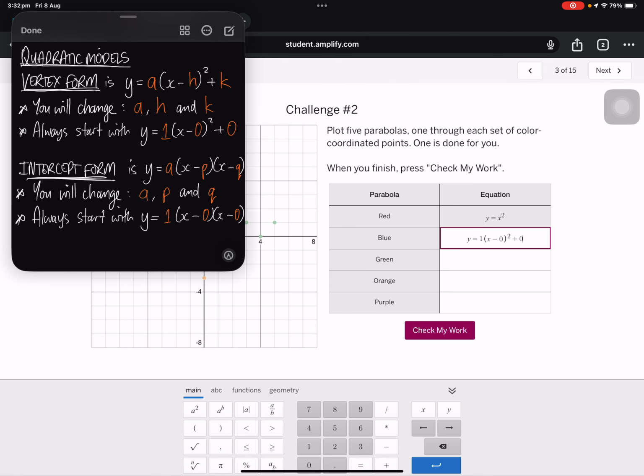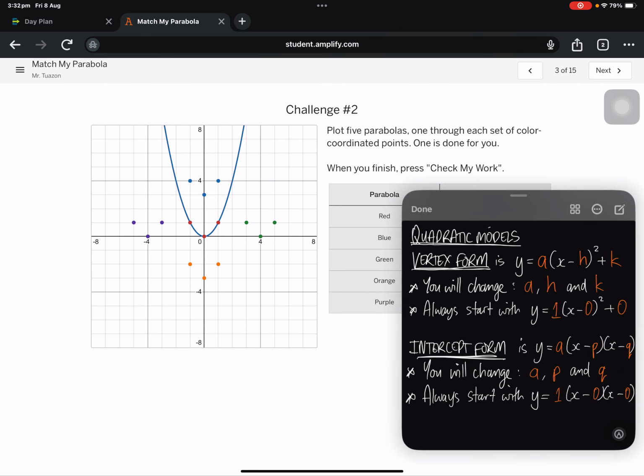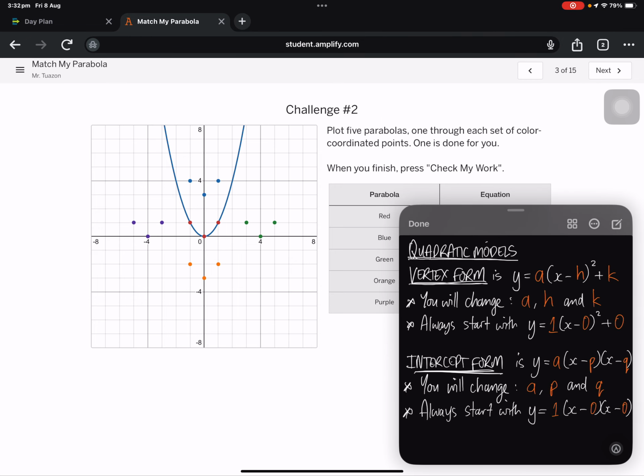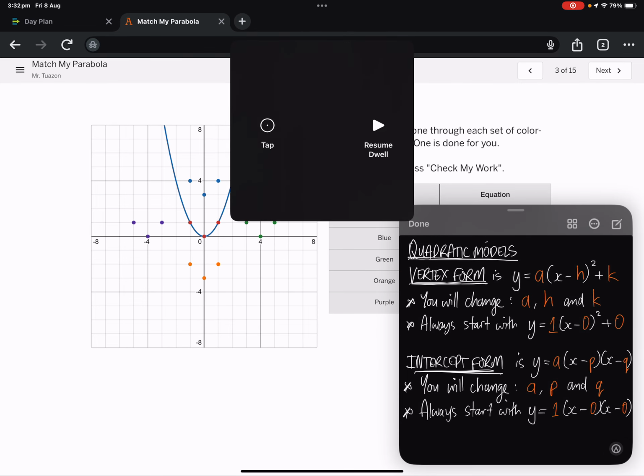And you'll be able to see when I do check my work, it has drawn the blue quadratic through the red dots, okay? But I want the blue quadratic up here.